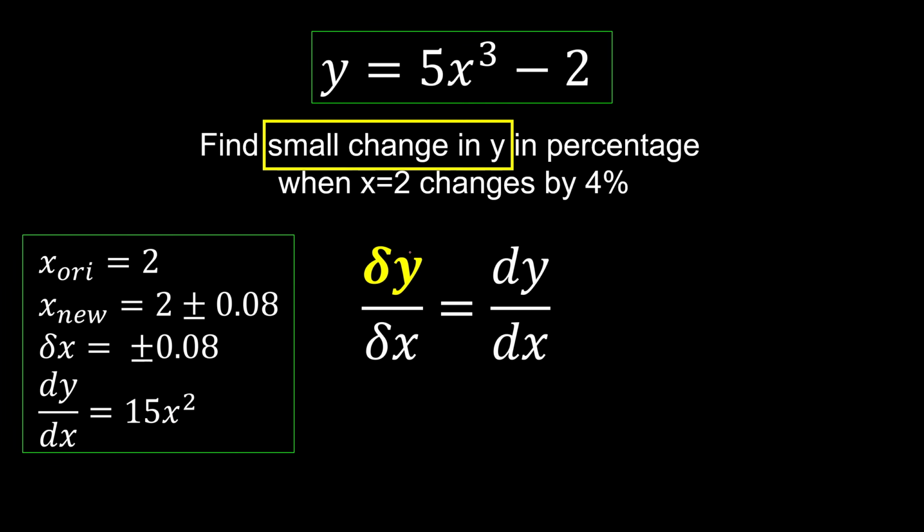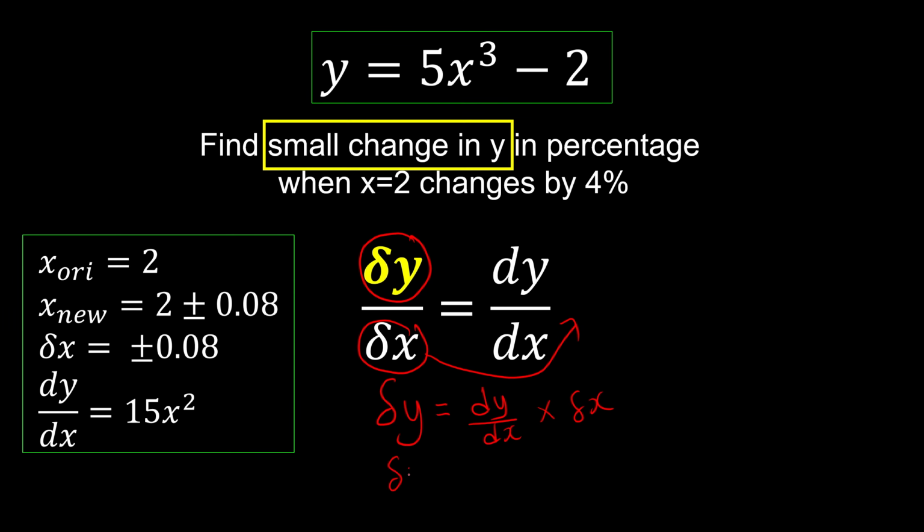To find delta y, we can say that delta y is approximately delta x times dy over dx. Since we have all the information on the left-hand side, we can just substitute in. What is our dy over dx? It is 15x squared. What's my delta x? 0.08. Although we say it's an increase or decrease, you can just write 0.08.